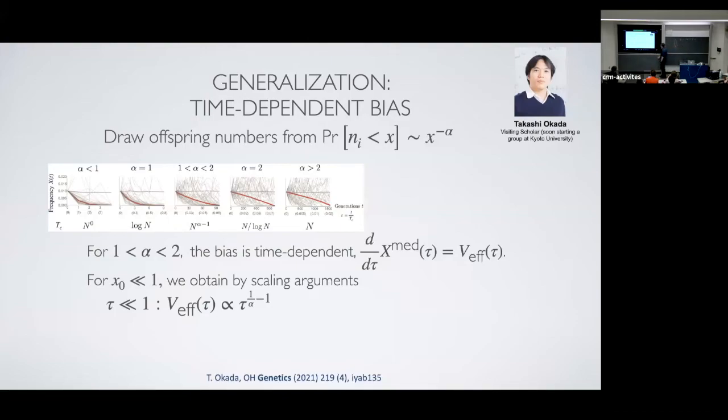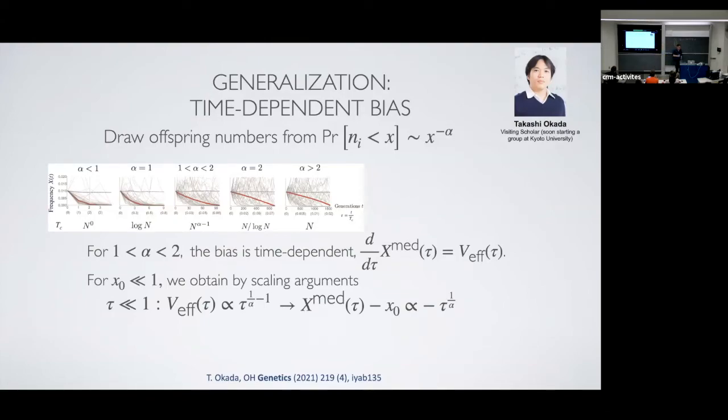So for the former case where alpha was equal to 1, you wouldn't have such a time dependence. But now that alpha is between 1 and 2, you have such a time dependence, which implies also that the median deviates from, let's say, some starting frequency x naught in a manner that is proportional to tau to the power of 1 over alpha.